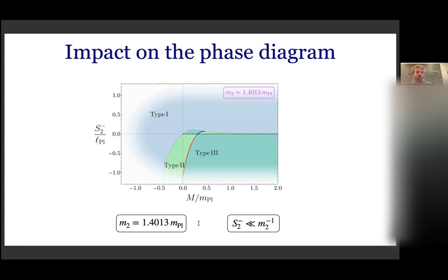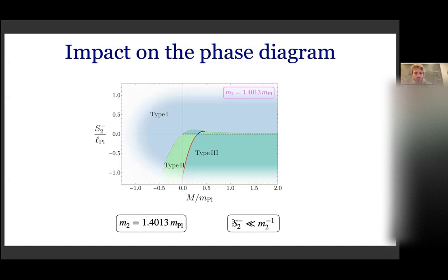As I was telling you, fixing M2 in the plane of S2 minus and M basically fixes the scale on the axis. Now we fix the scale on the axis to be in Planckian units, and we implemented the two observations I have said before.